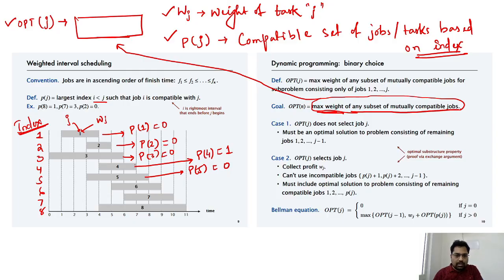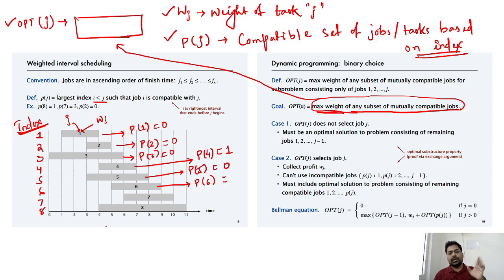Now we have to check P6. Definitely there are other 5 jobs, but we have to check how many compatible jobs are possible. Here 2 and 1 are compatible with it.